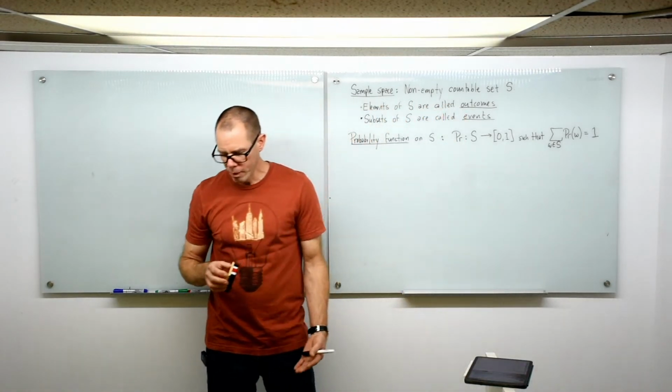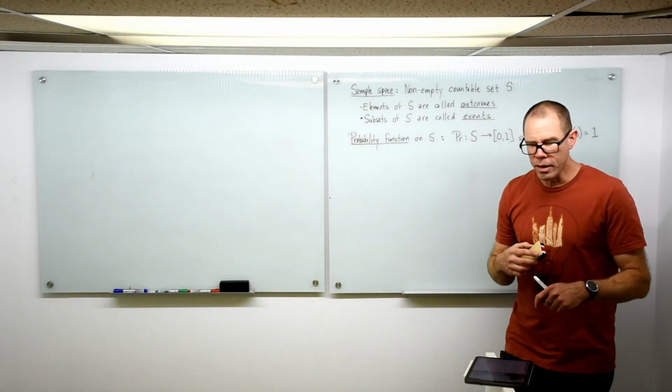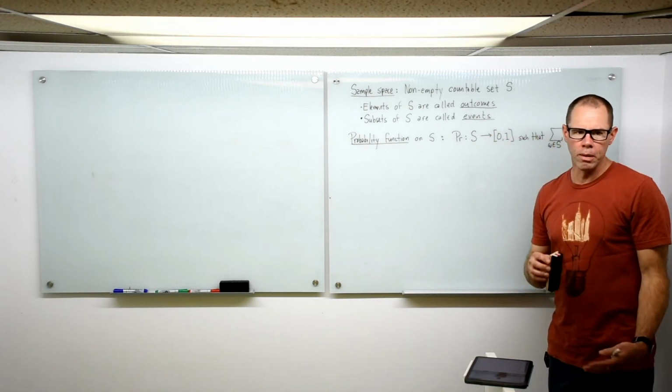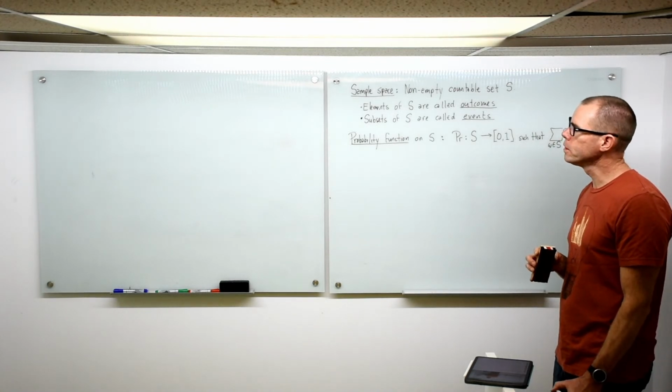So most of the lectures from this point onwards, for the next little while, will have us introducing some definitions or maybe some rules in probability theory, but mostly definitions.